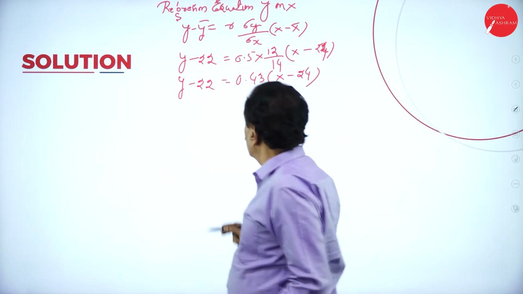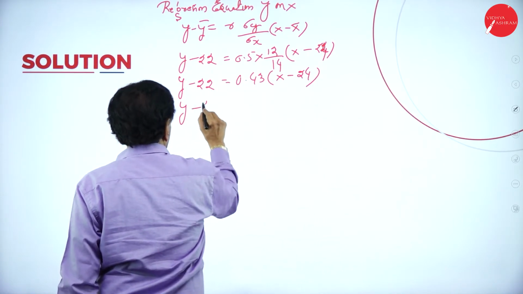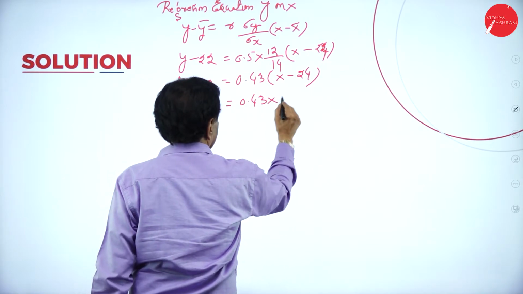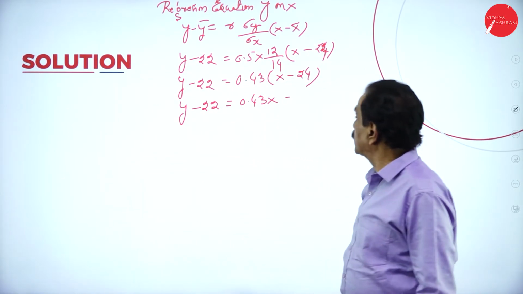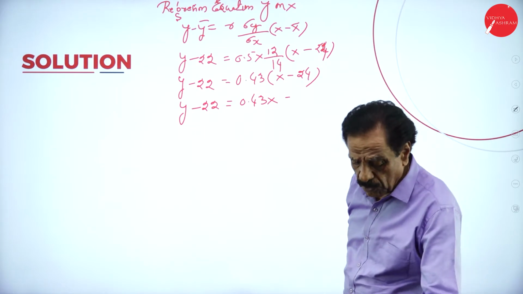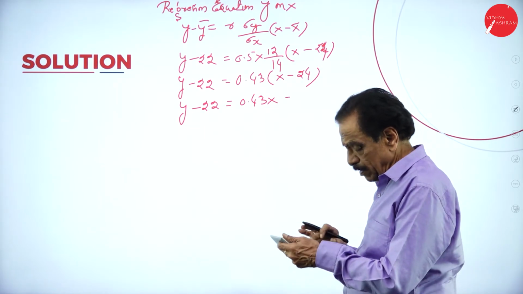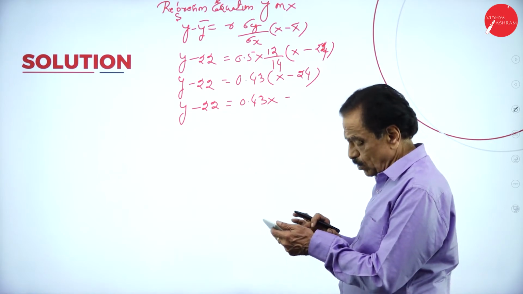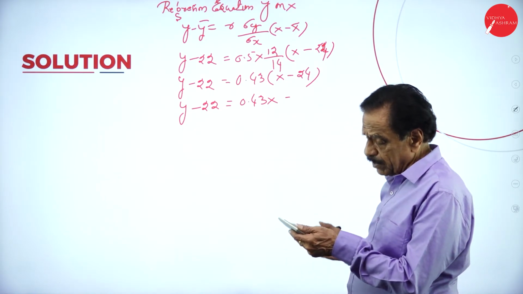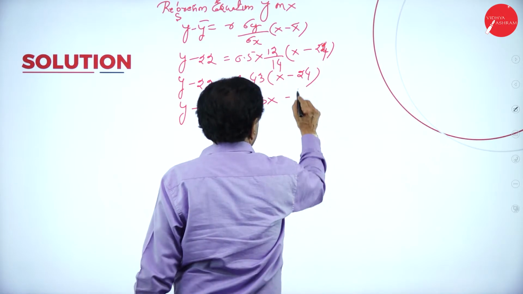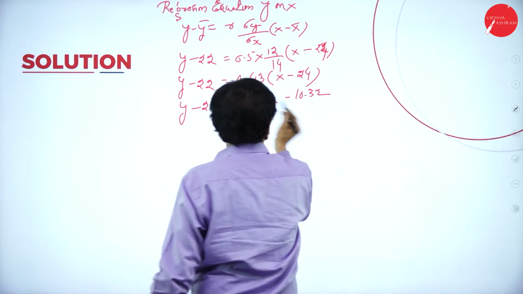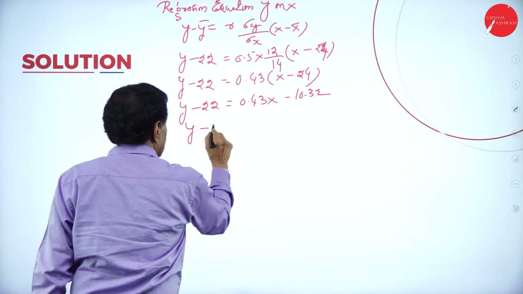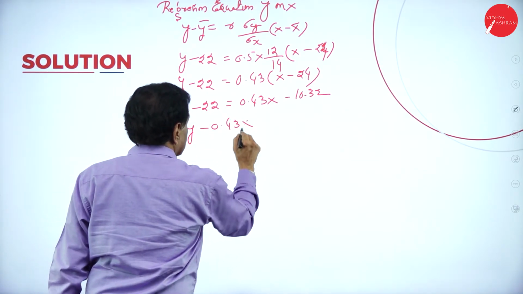Simplify this. Y minus 22, 0.43 into x is 0.43x, 0.43 into 24 is 10.32. You take the x that side: y minus 0.43x.